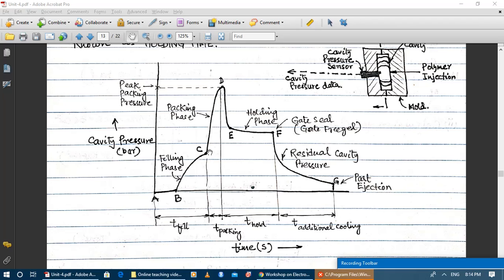So at point C, the cavity is completely filled.